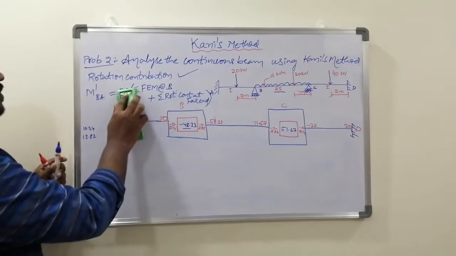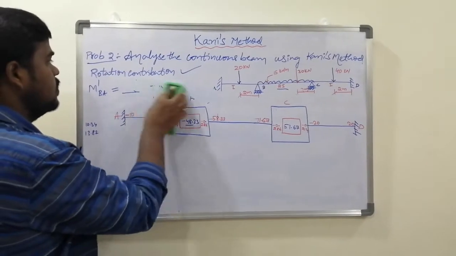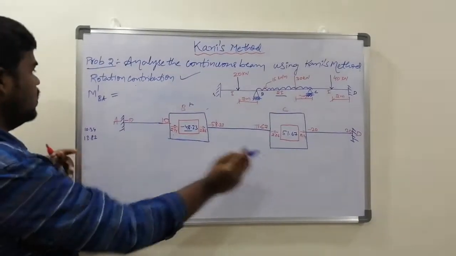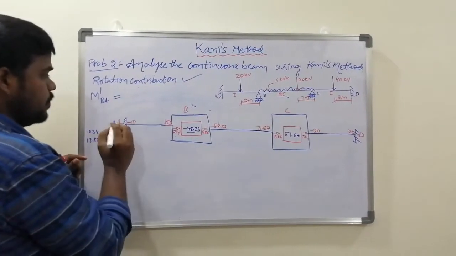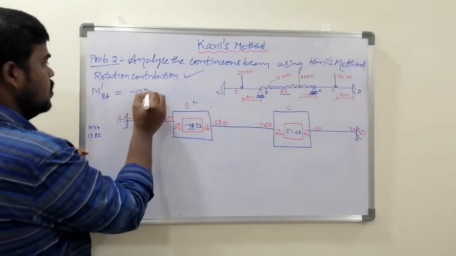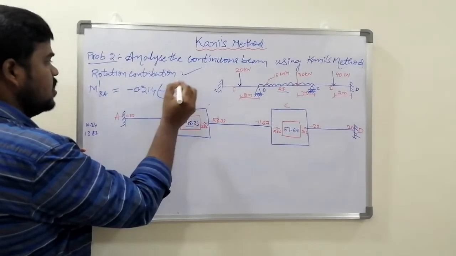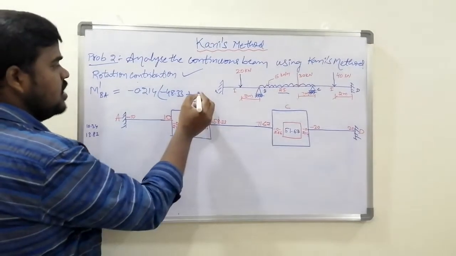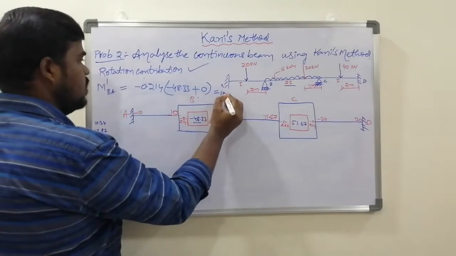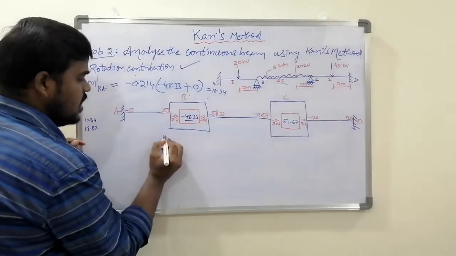So let me rub this and write the solution here. For M bar BA, minus 0.214 into minus 48.33 plus far end contribution is 0. So here the value will be 10.34.